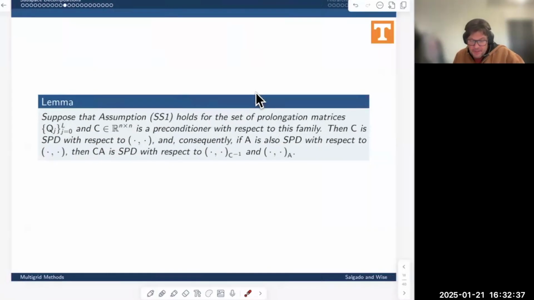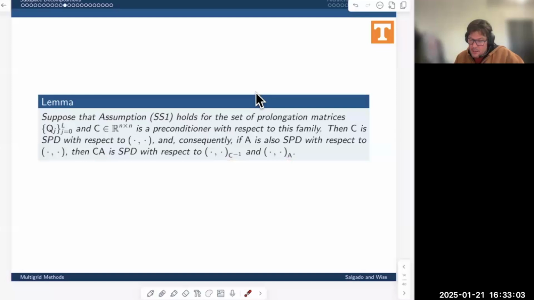Okay, suppose that assumption SS1 holds for the set of prolongation matrices, and C is a preconditioner with respect to this family. Then C is SPD with respect to the canonical inner product. And consequently, if A is also SPD with respect to that, then the product is SPD with respect to these two inner products. So we're not going to reprove this.